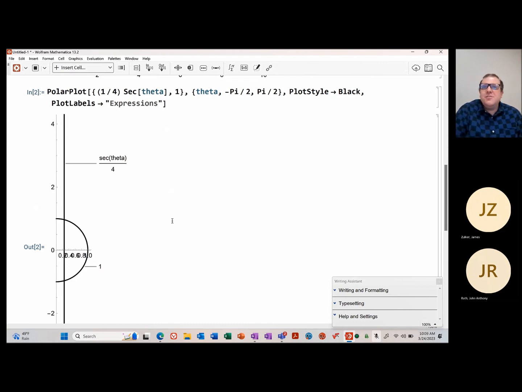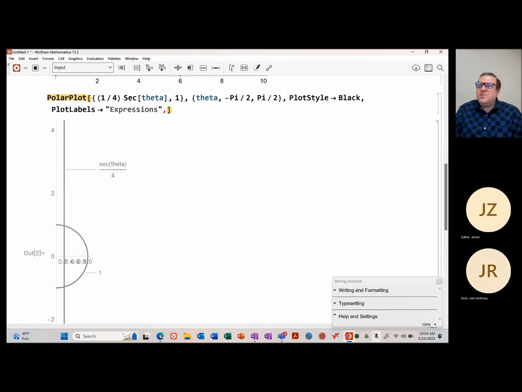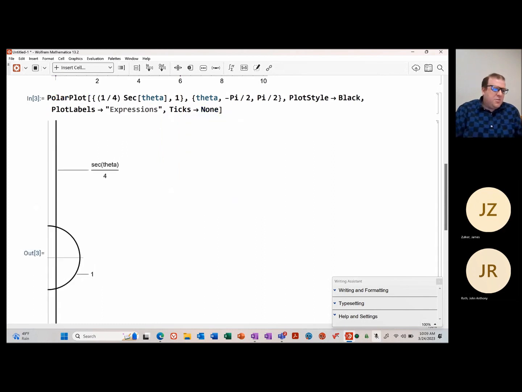R axes are just rays, and then the theta axes are the circles. So we're going to leave it on the XY. That means that those ticks are useless. I'm going to turn them off.